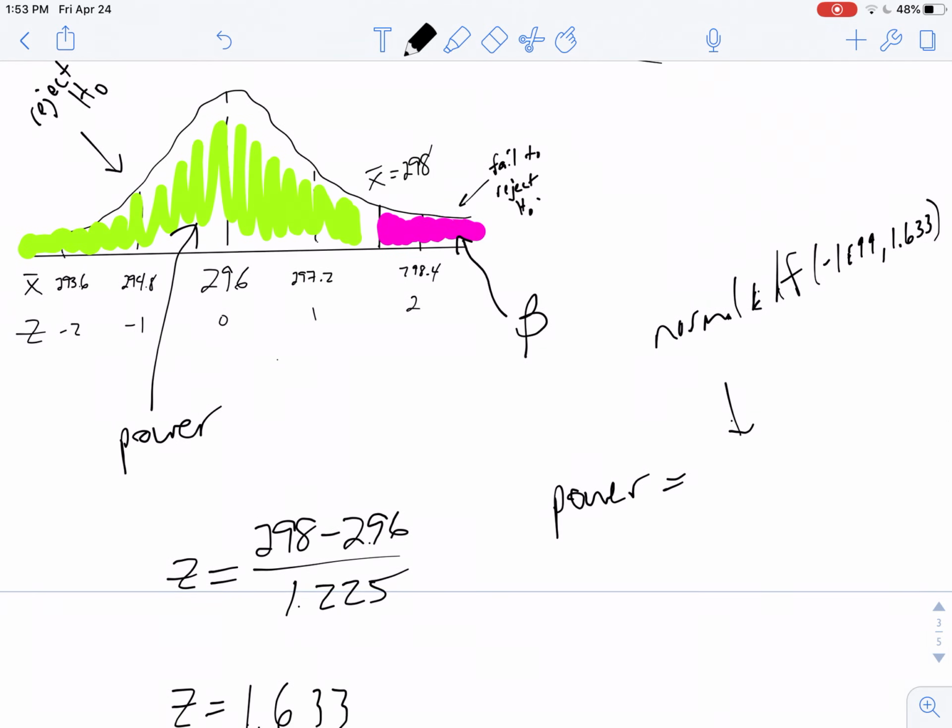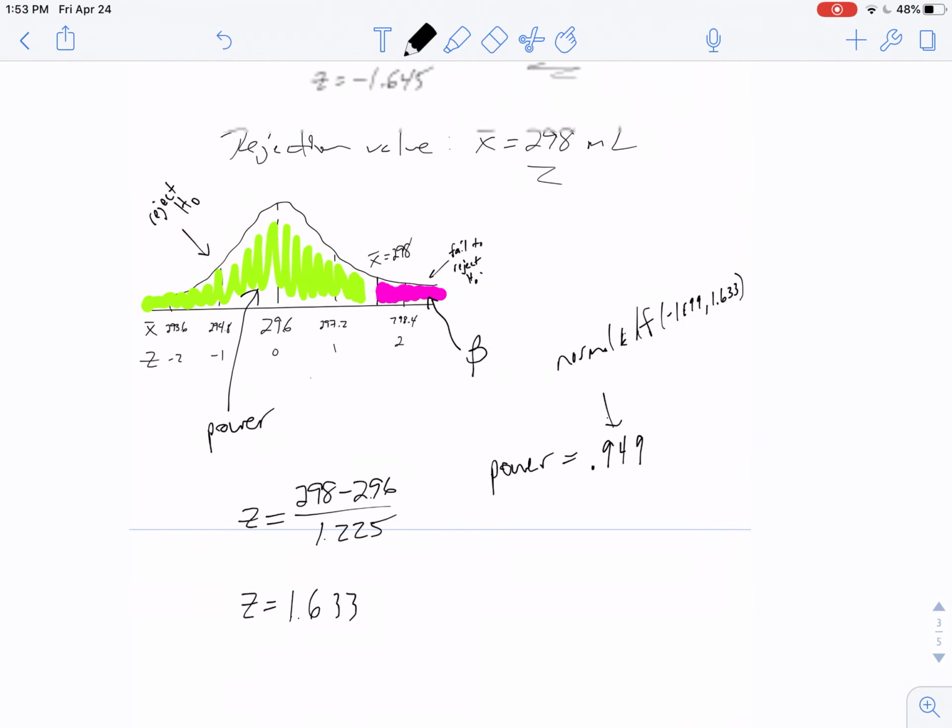Okay, so I'll do that on my calculator, normal CDF. And this then gives me the power of 0.949. So almost a 95% chance of rejecting that false null. And again, we want the power to be high, so that's probably pretty good.